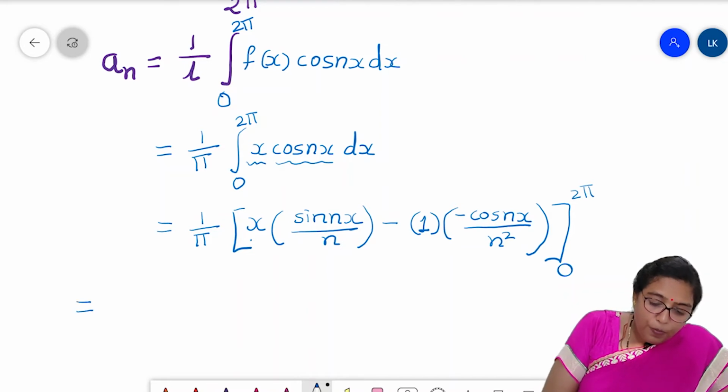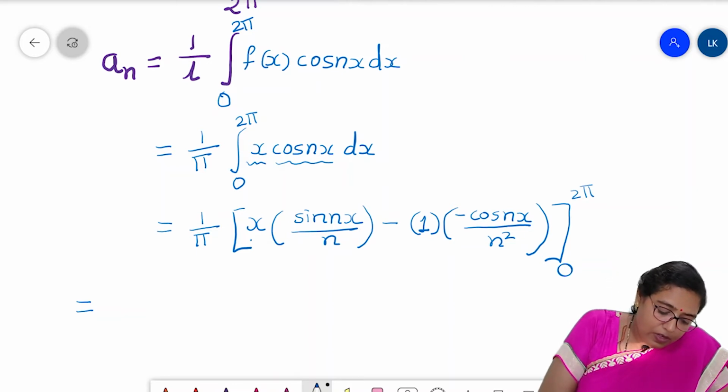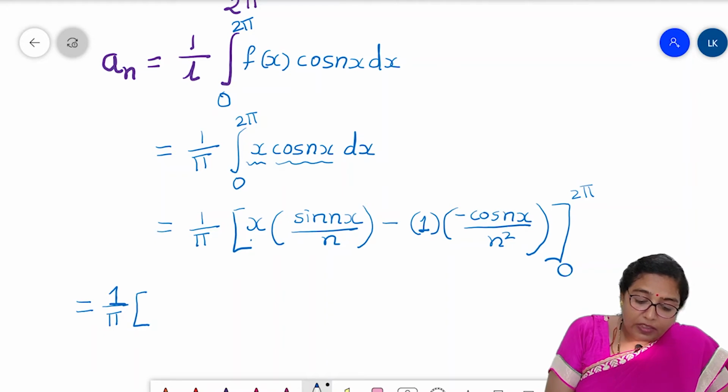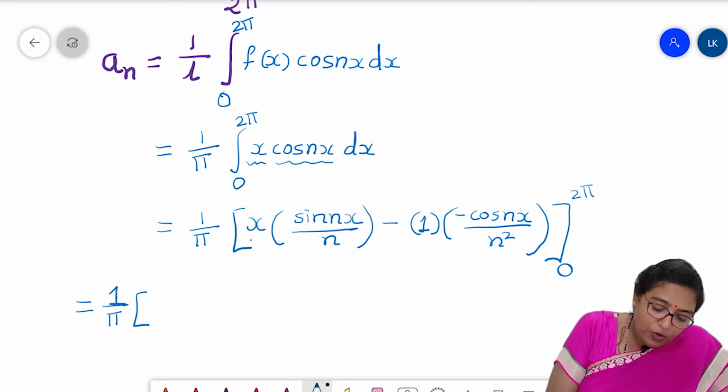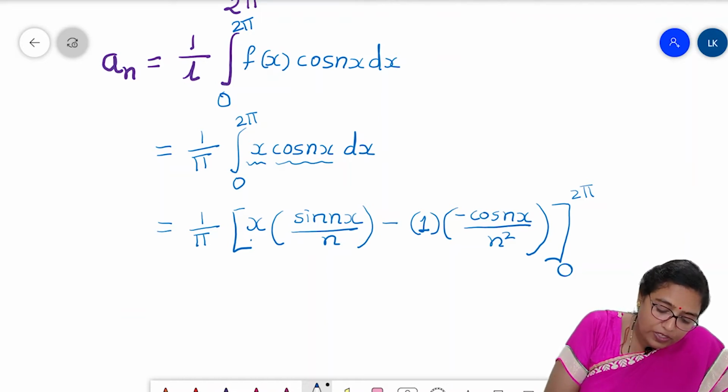First, putting x is equal to 2 pi in the whole bracket, that means 1 upon pi. Then sine, the value of x is 2 pi, that means sin 2n pi. We know that sin 2n pi, what is its value? We have done this in part 1 of the Fourier series.